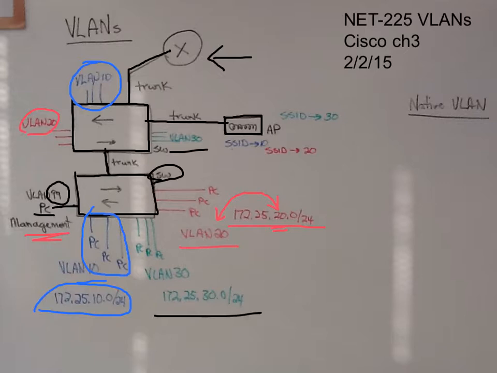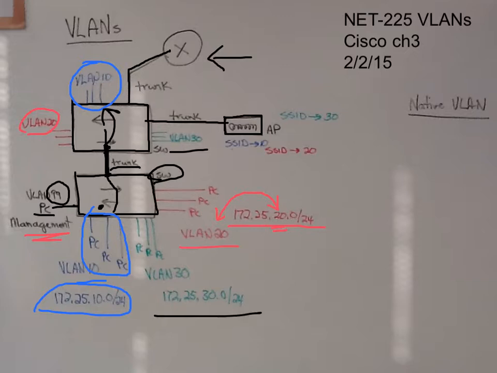Now, in order for a frame to move through this switch up to the switch up here, if the packets were coming from the blue VLAN, at this point here they'd be tagged on the trunk so that when they hit this switch they would be in the blue VLAN. So the trunk allows us to tag traffic between VLANs.